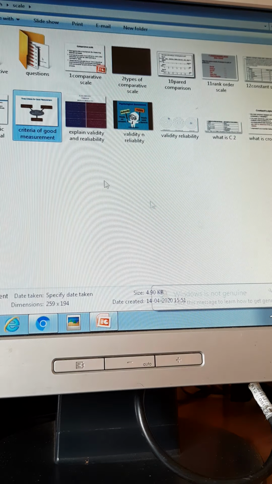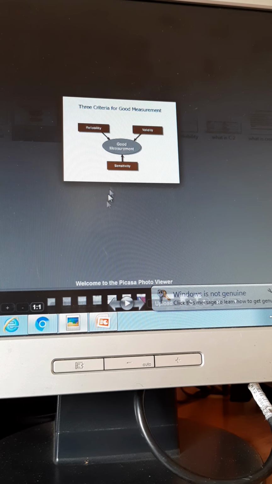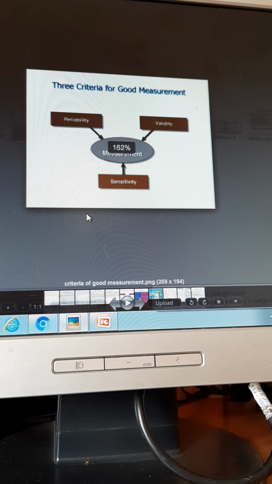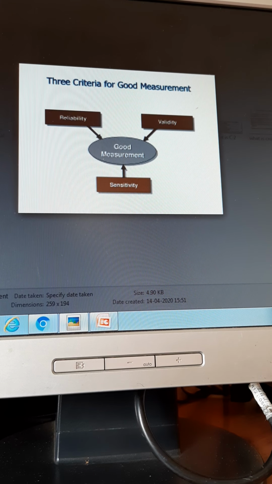In the meantime, what I want you all to do is take a particular aspect: choice of biscuits, choice of brands, most preferred ice cream, any topic like this.